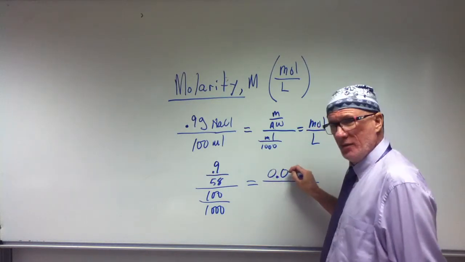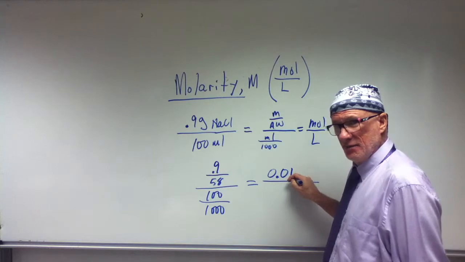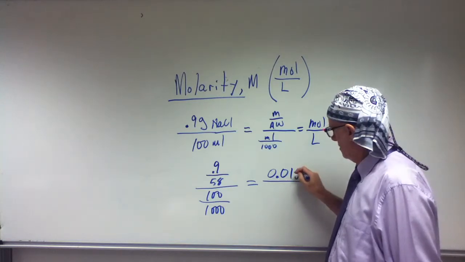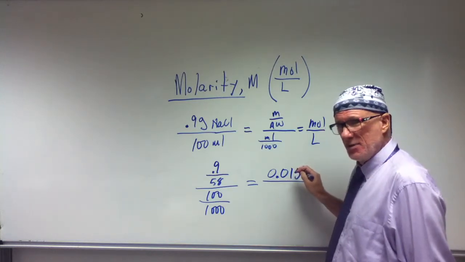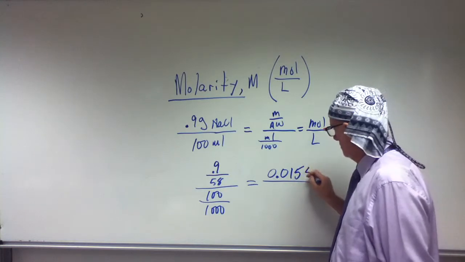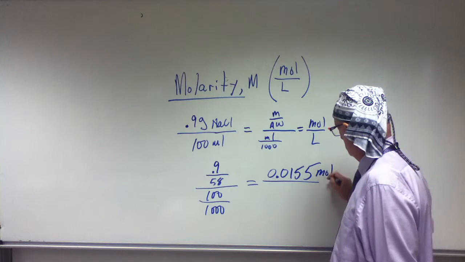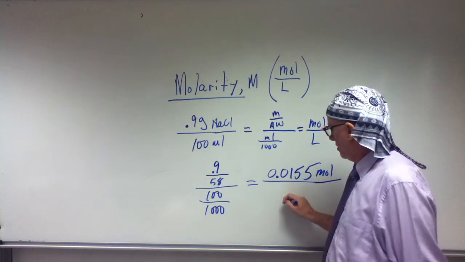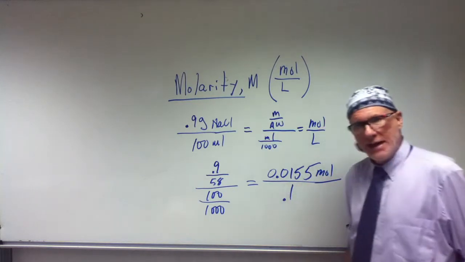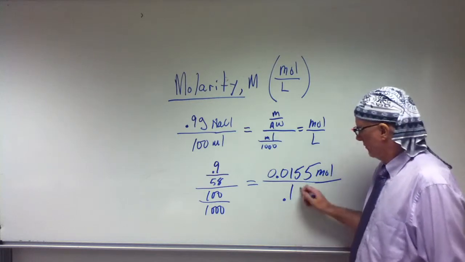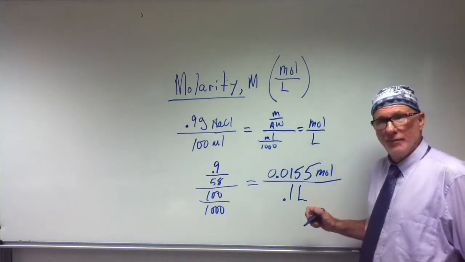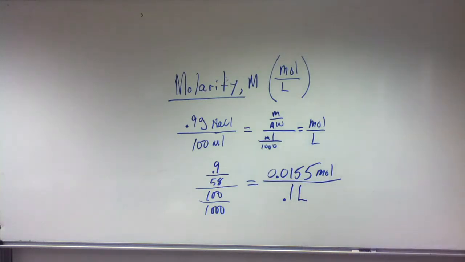Yeah. That's it? 0.0155. Yes? Give me another one. 5. We went crazy, I know. Over, right? Yes or no?